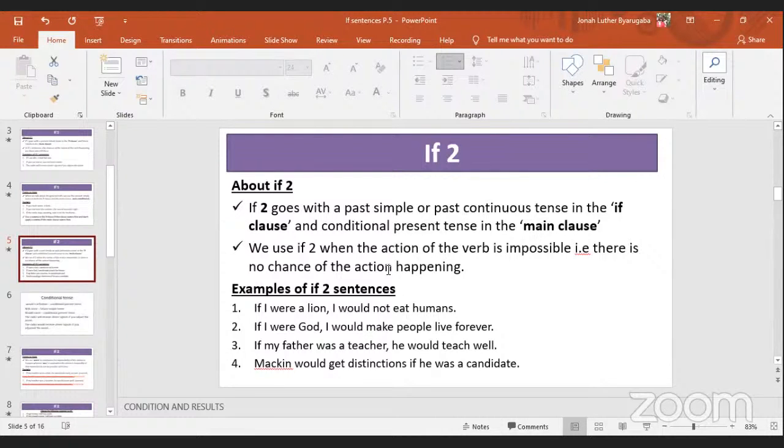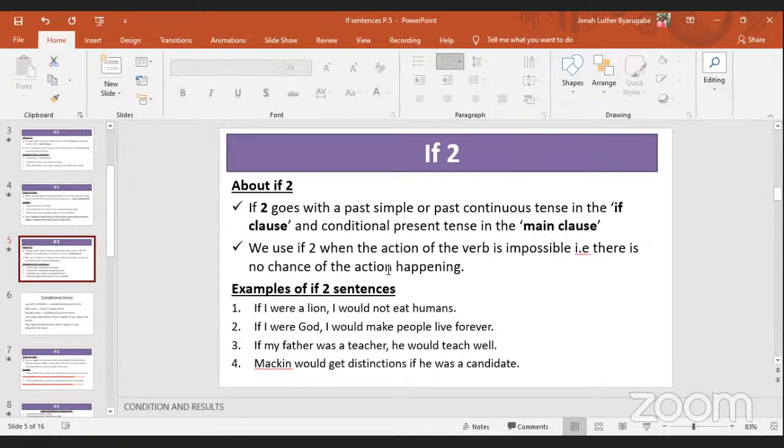Yes, very well. Okay, so I was saying, here you see we are using the helping verb were instead of was. That helping verb were is used to emphasize impossibility. If I say, if I were a lion, that means I am not a lion and I will never be a lion.